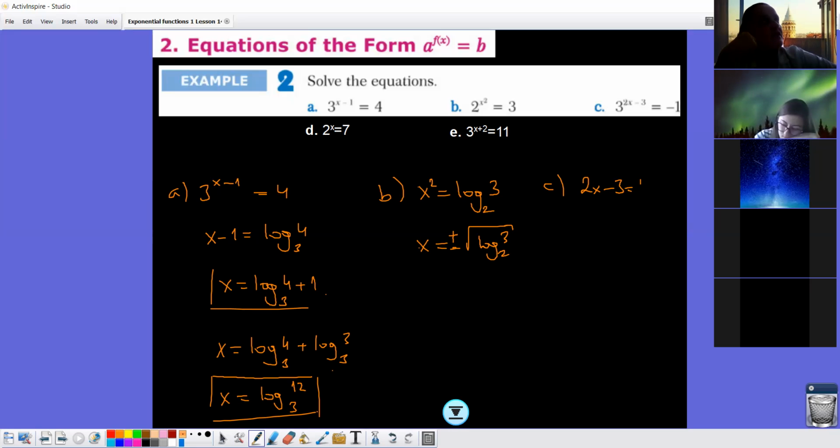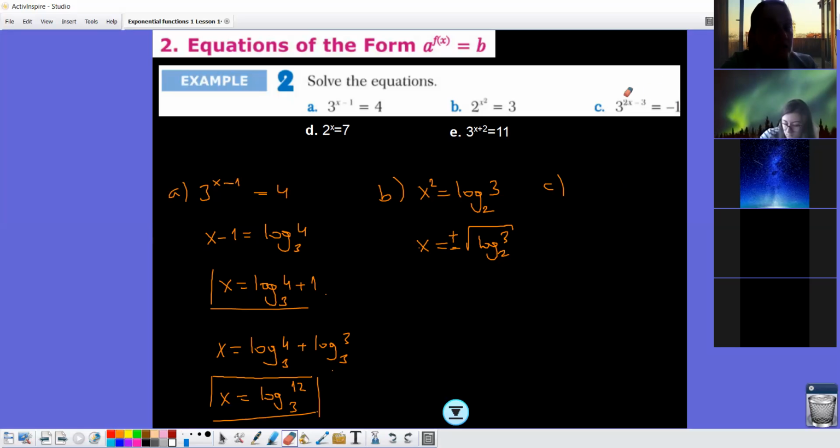In exponential equations, something to the power of, doesn't matter if the power is negative, if it is positive, if it is smaller than 1 or greater than 1, the result is always positive. Think a bit. When you take 3 to the power of -1, what will it be? 1/3. Yes, it will be positive in all the cases. 3 to the power of 0 will be 1. So any exponential function or exponential equation cannot be negative.